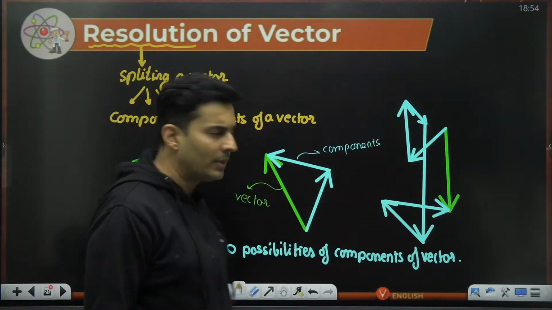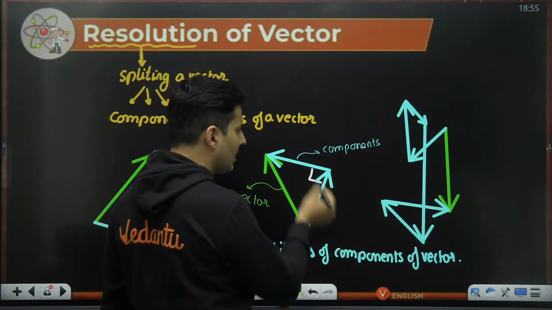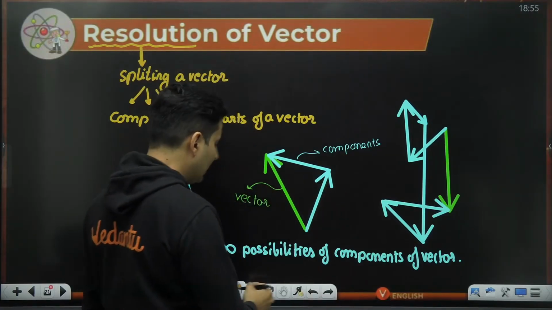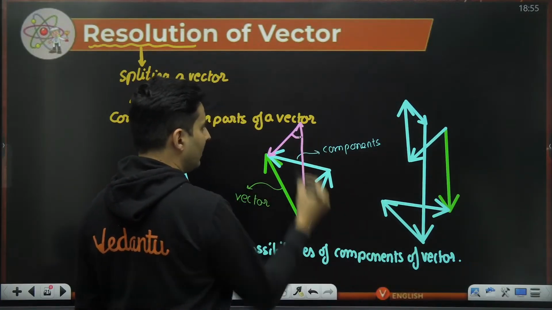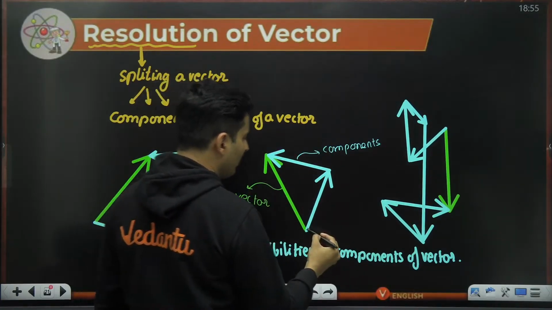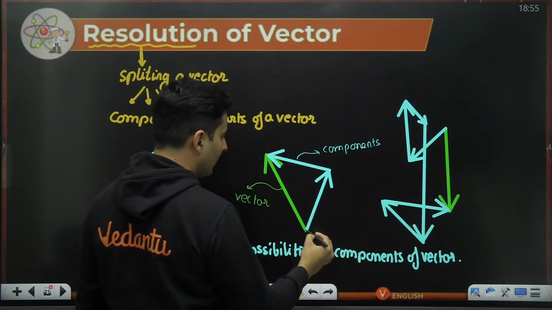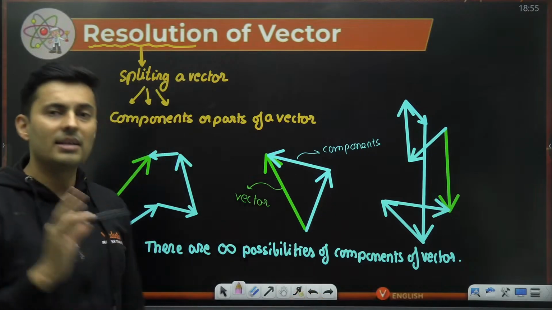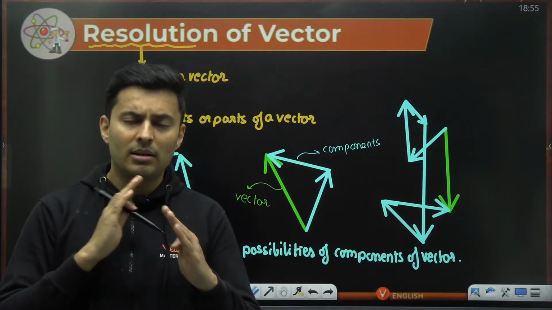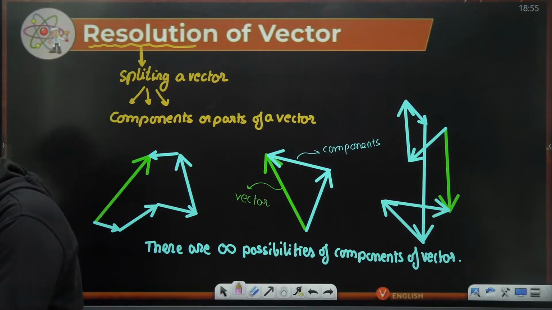This is also not perpendicular, but maybe here this is perpendicular, then these are perpendicular components. But let's say somebody else makes the components like this and then this angle is not 90 degrees. Or somebody makes it like this and this is not 90. But in a very special case, when it is perpendicular, then only it is called orthogonal or rectangular components. Is that clear now? Perfect.